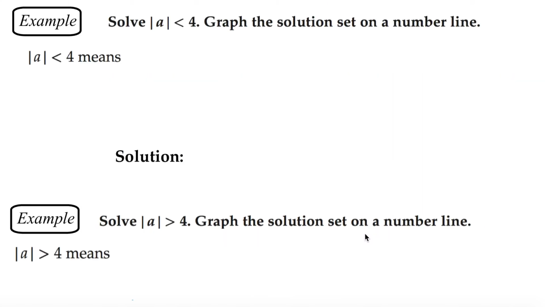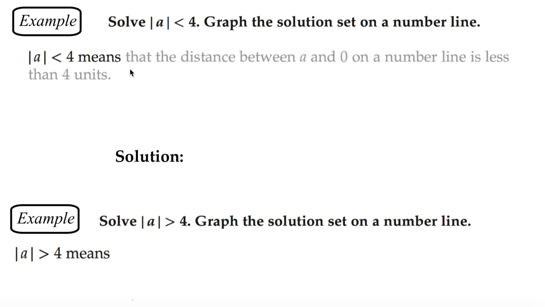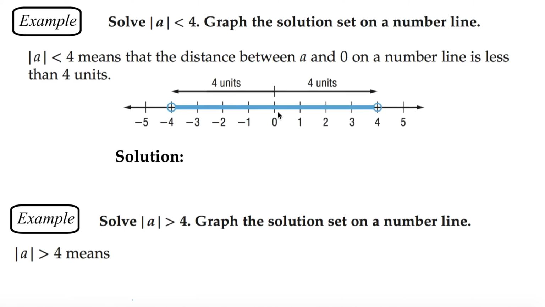So this one says solve the absolute value of A is less than 4, graph it on a number line. What this means is the letter A, or whatever A is, we want all the stuff. It says it's the distance between A and 0 on a number line less than 4 units. Okay, so here's what it's going to look like. We want anything that's less than 4 units.